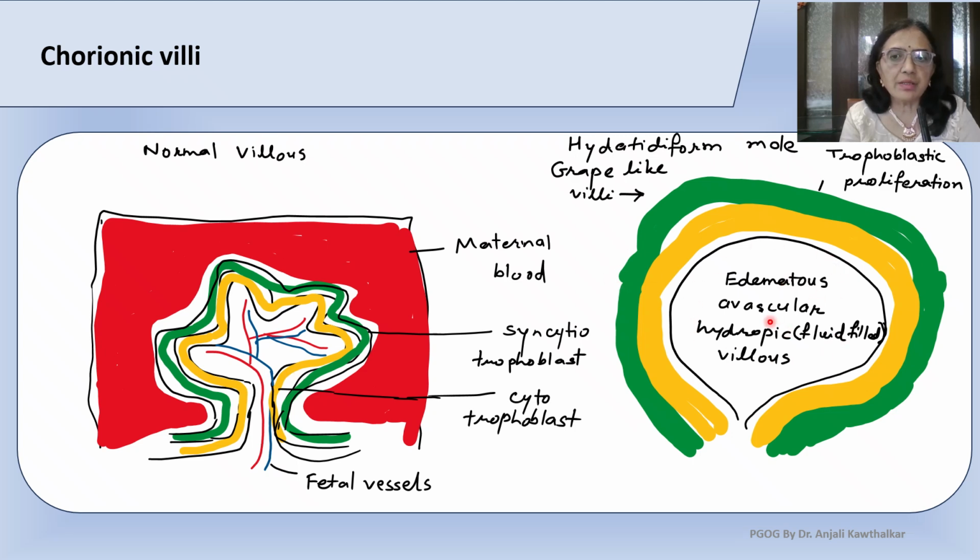There is also trophoblastic proliferation of both layers, cytotrophoblast and syncytiotrophoblast, with excessive production of hCG. This is how the villus becomes like a grape. So we can say that hydatidiform mole has a grape-like villus.